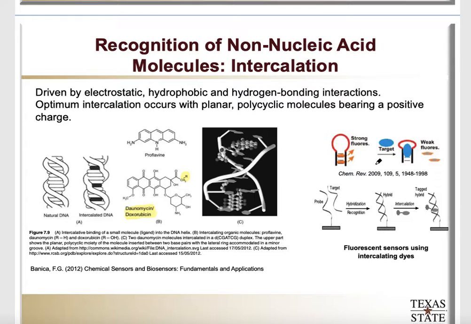When it gets into the DNA of your nucleus, it fluoresces intensely. And so even if you don't wash off any of the DAPI that remains surrounding your cells, you will still see significantly higher fluorescence on the nucleus, because when it is embedded here, it actually fluoresces a lot. So it's a really good dye for microscopy imaging purposes, of course, but also for biosensing.